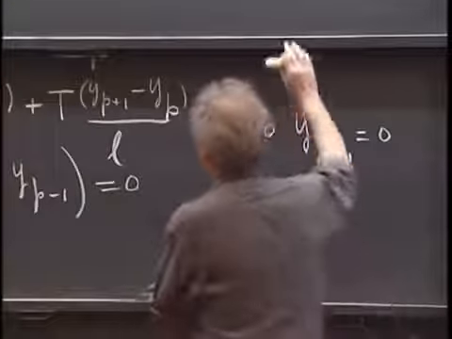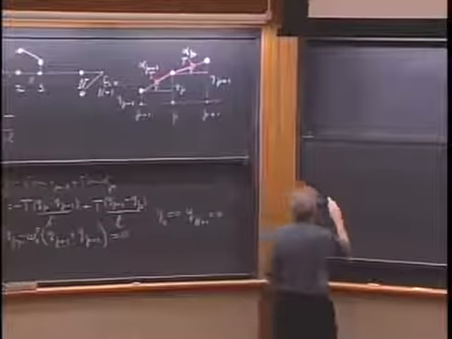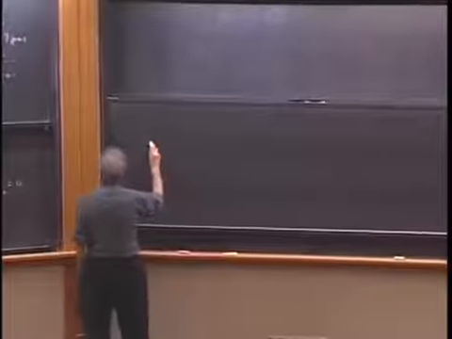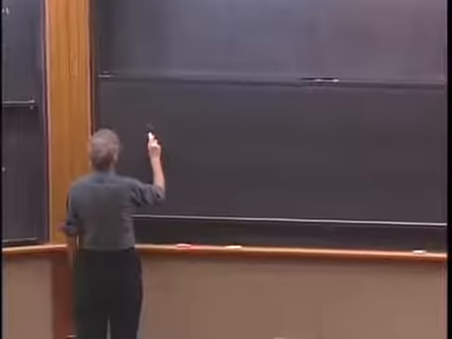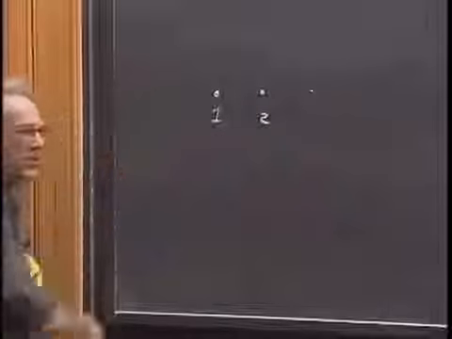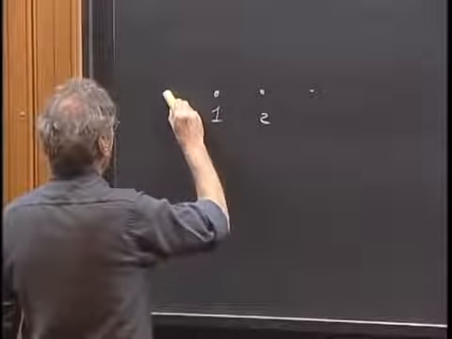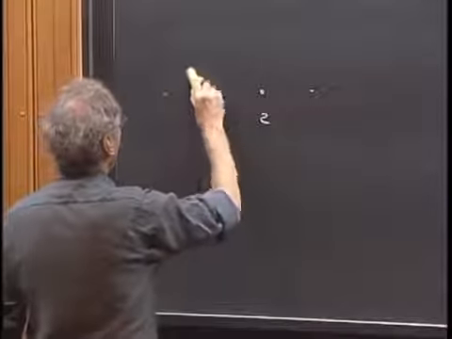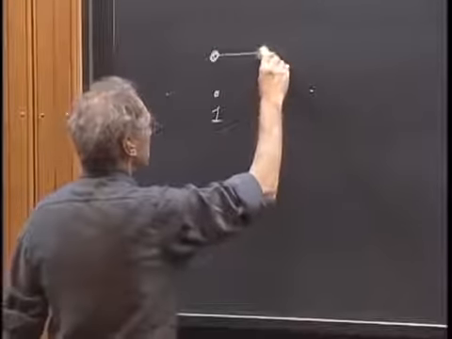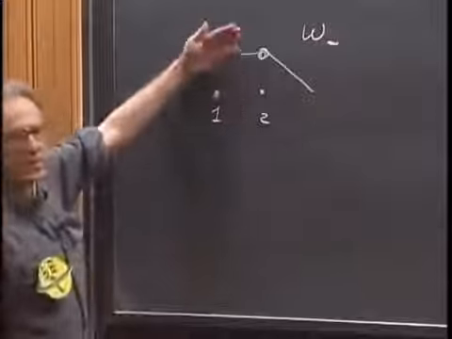So if I made a sketch, sort of to warm you up to the idea, for only two particles, so this is number 1, and this is number 2, and this is a fixed end, and this is a fixed end, then you can sort of see that in the lowest normal mode, you're going to see something like this. So this is omega minus, and it's going to oscillate like this.